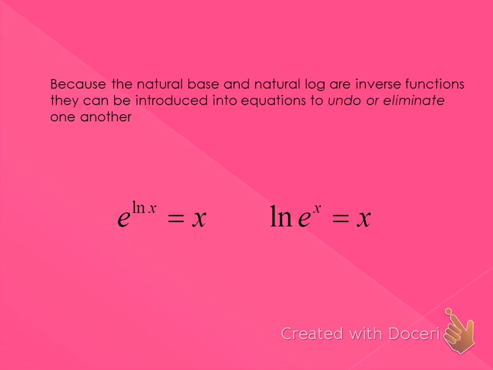So in the 2 examples here, e to the natural log of x, inverse functions cancel each other out, and you're left with just x. Same thing over here: natural log of e to the x, these 2 cancel each other out, leaving just x. That's how you get rid of a natural log or the e, so you can go through the rest of your problem and solve.